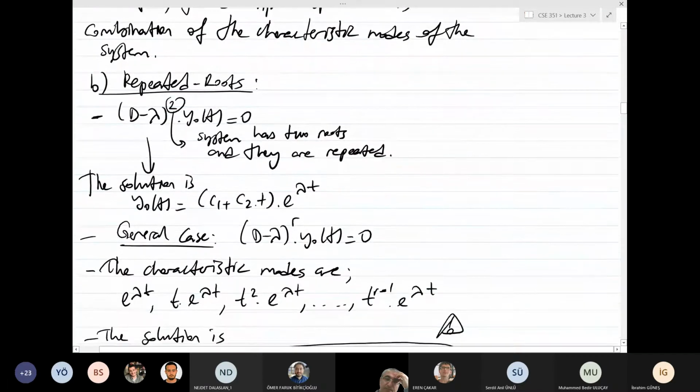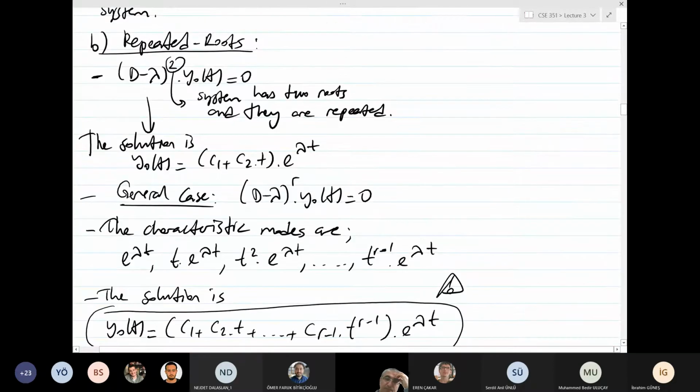But the system may have repeated roots. Then in this case, we need to develop another solution. So let's say we have two repeated roots, which is (D minus lambda) squared times y0 of t is equal to 0.